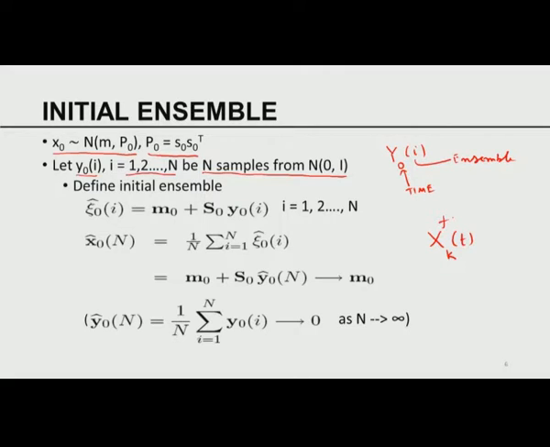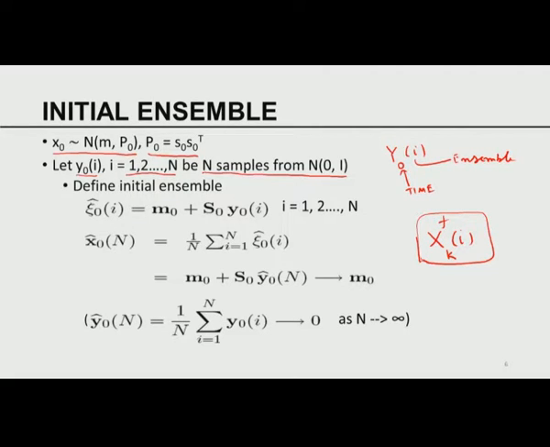So instead of t I will change it to i. So this is the ith member of the ensemble at time k, but it is a forecast. So there are three ways of notating to be able to distinguish different quantities.